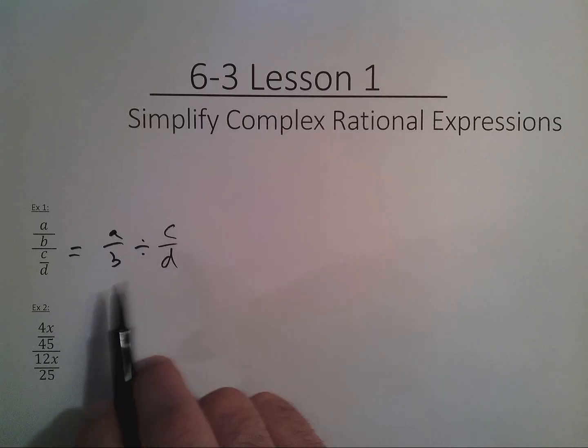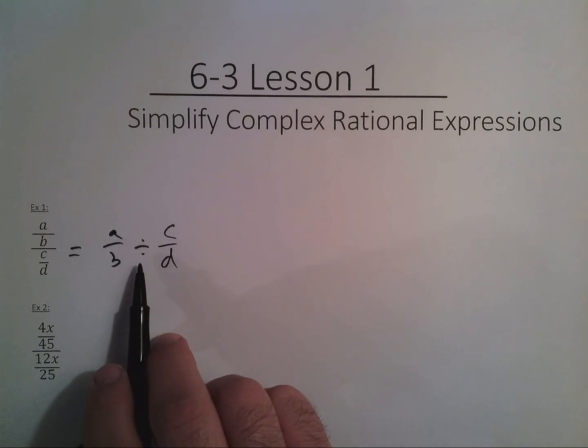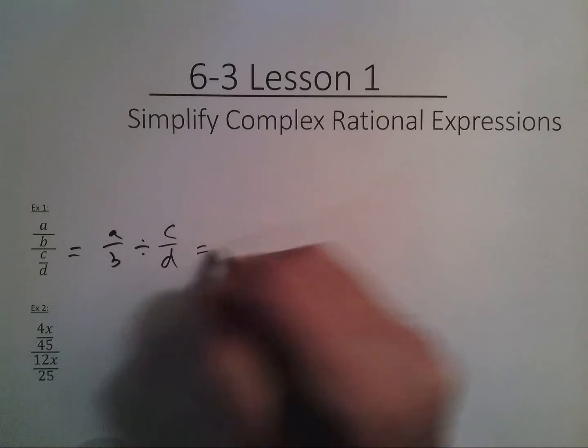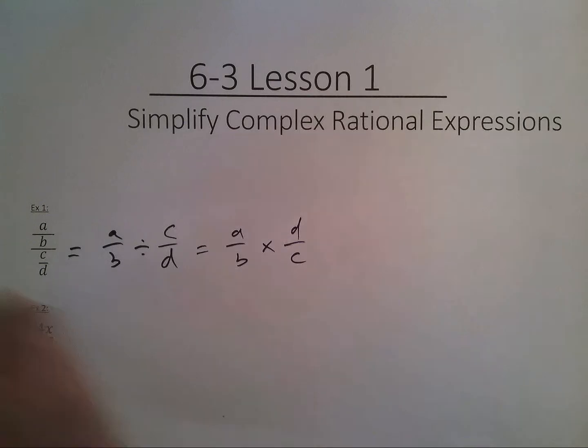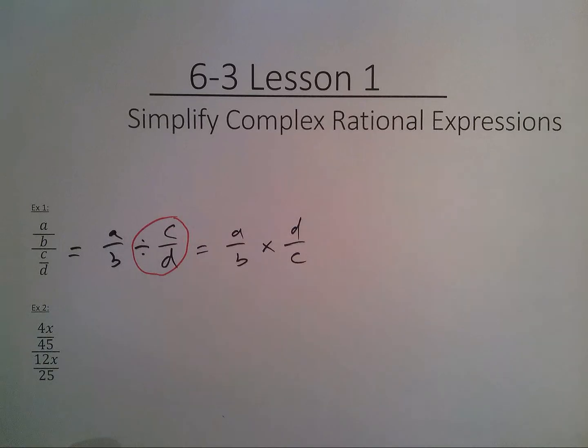If you have fractions and a division symbol, you're going to rewrite it. Instead of division, we make this multiplication, and we flip the very next thing. So this becomes A over B times D over C. Very specifically, we replace the division with multiplication, and the very next thing, we take its reciprocal. In other words, we flip it.